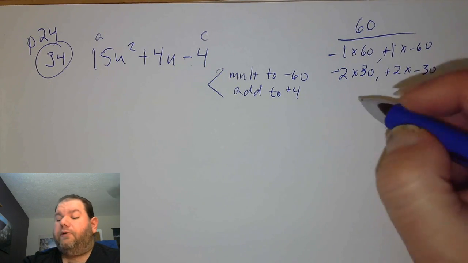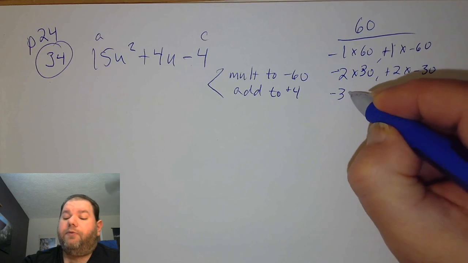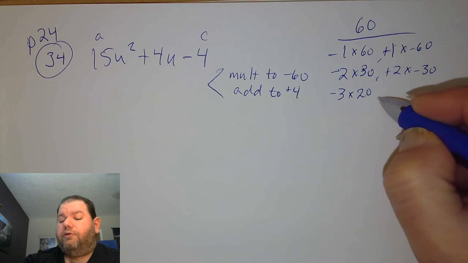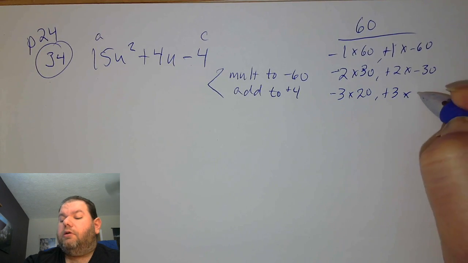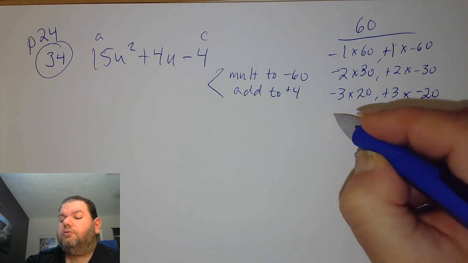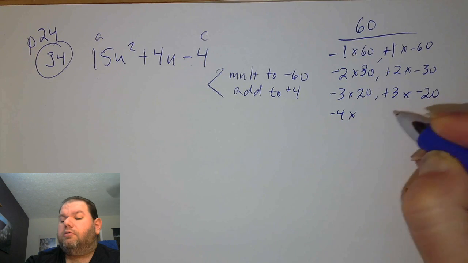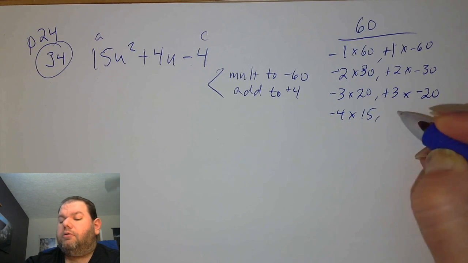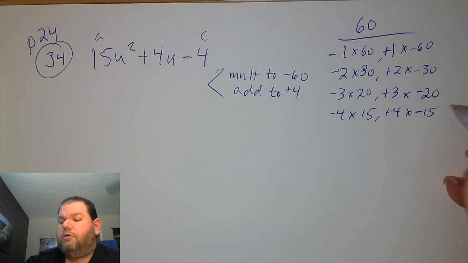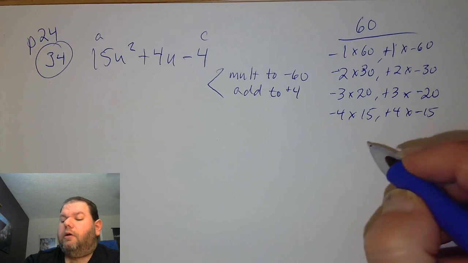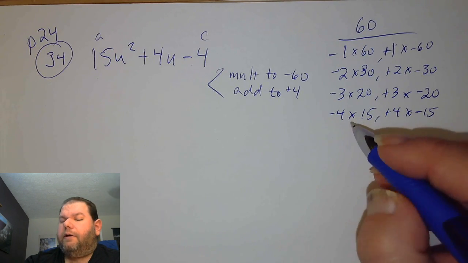Okay, so we can start looking at the different combinations if we want. You could go through this mentally if you prefer. Let's see, 5 times 12.